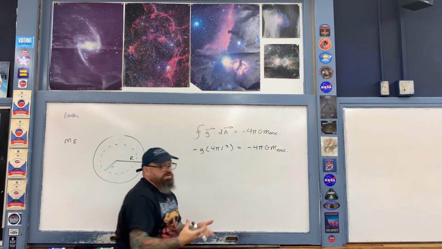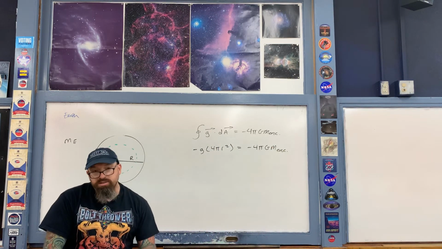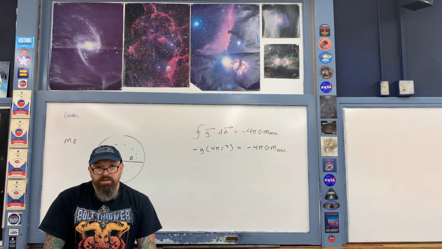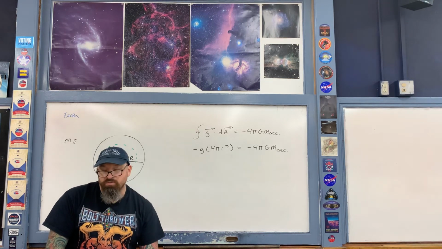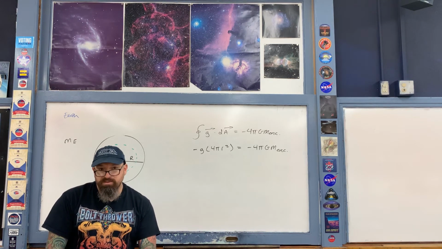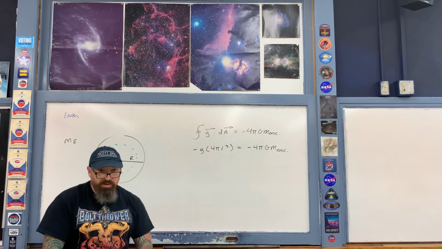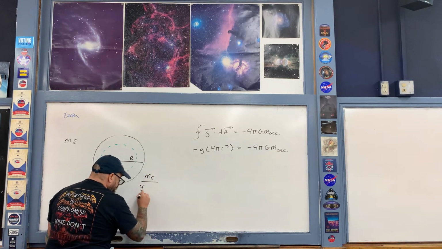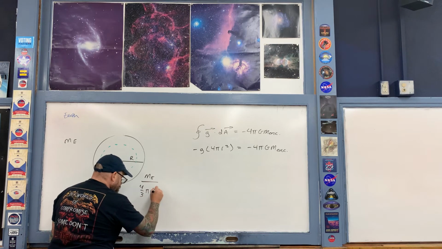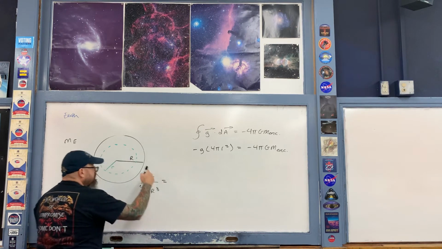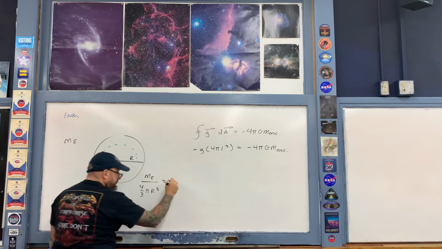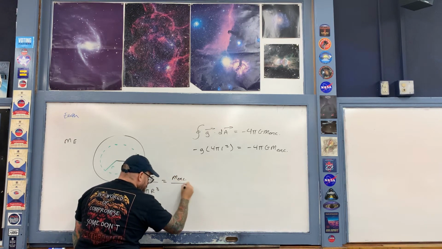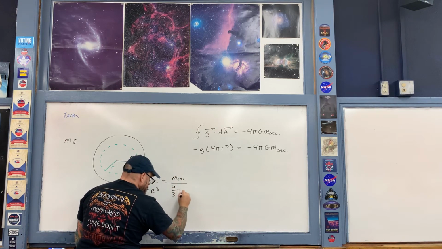And then what we have to do is get the mass enclosed. This is where the density comes into play. We're assuming that the Earth is of uniform density, so we can think of the density in the following way: total mass of the Earth over total volume. This is equal to, within my Gaussian surface, the mass enclosed divided by the volume of that Gaussian surface.